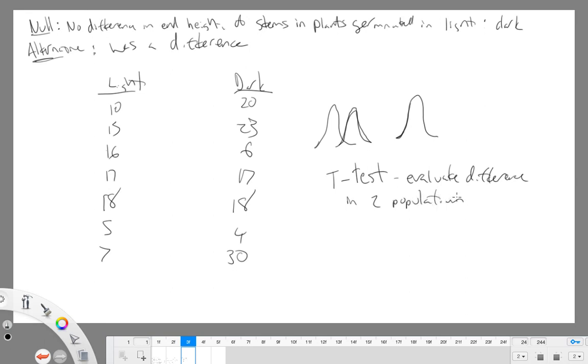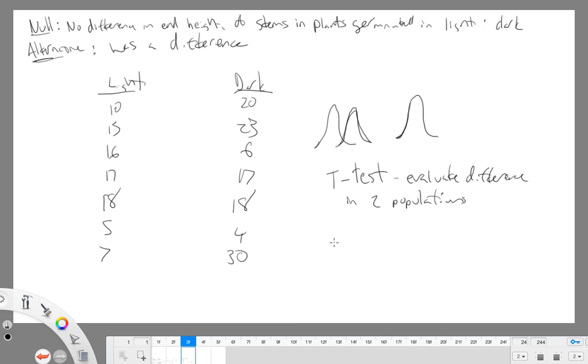And really what we are asking is, given the mean and the variance in our two populations, are they significantly different to actually be two separate populations, or are they more likely to just be one large population that includes all of these values?